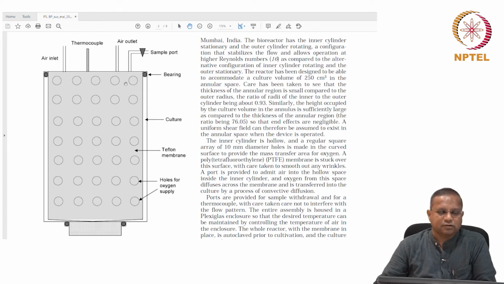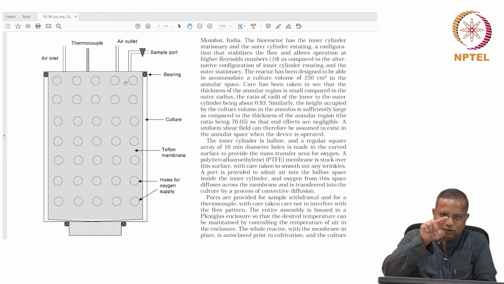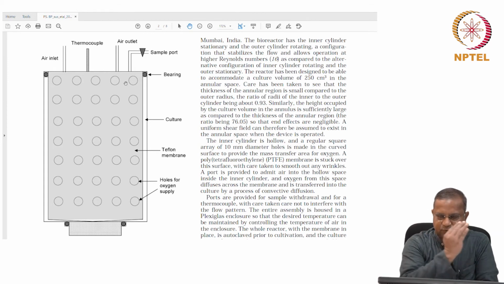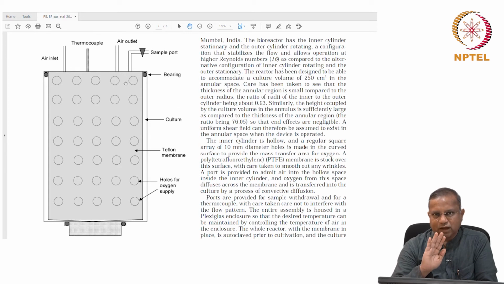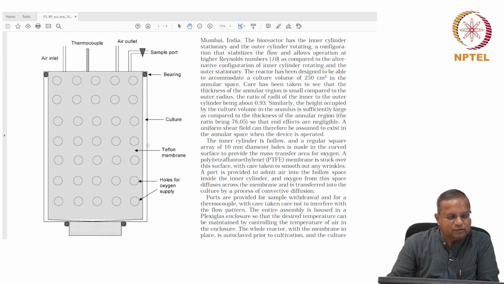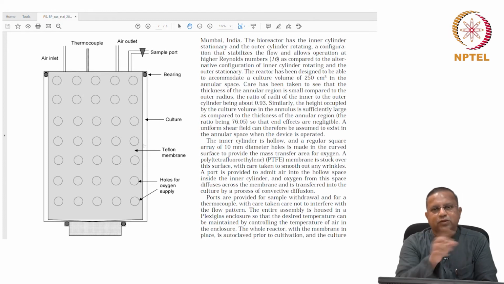What we did was, we cut holes into the surface of the inner cylinder, and then covered the outer surface of the inner cylinder, in other words, the surface that faces the culture, with a Teflon membrane.